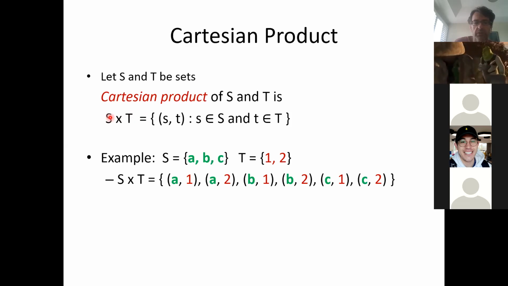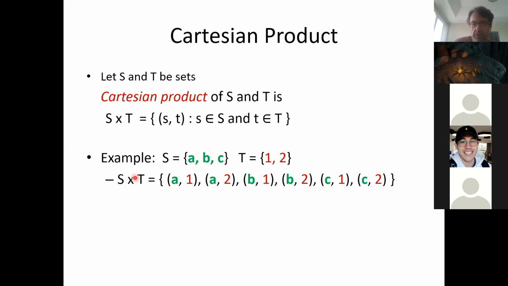A Cartesian product of set S and set T is a set of ordered pairs of 2 elements, s and t, such that s is an element of set capital S and small t is an element of set capital T. For example, the first set has 3 elements, A, B, C. The second has 2 integers, 1 and 2.